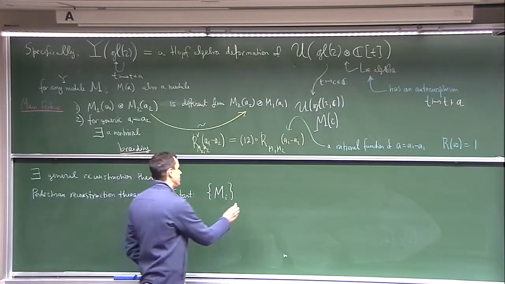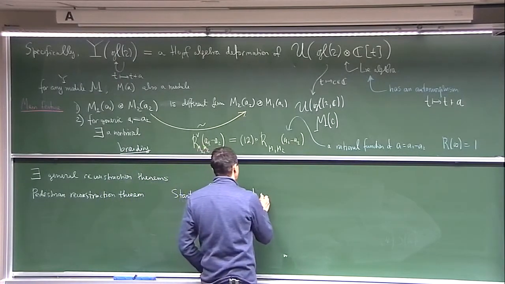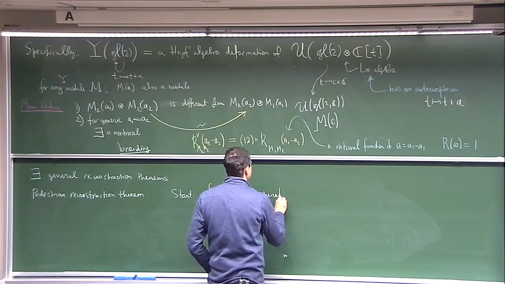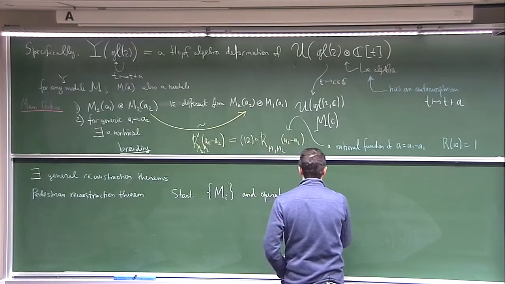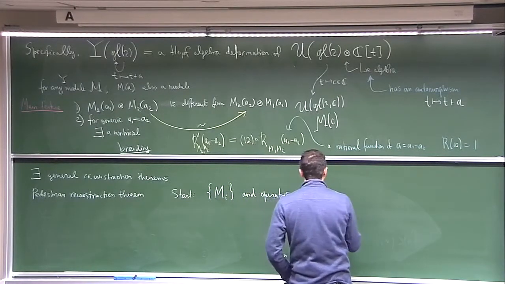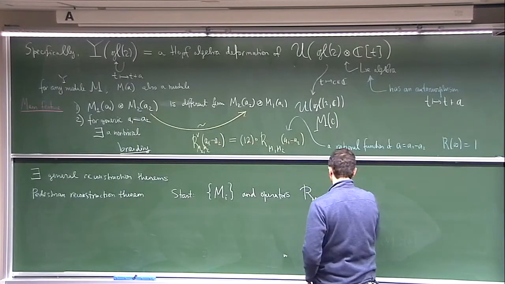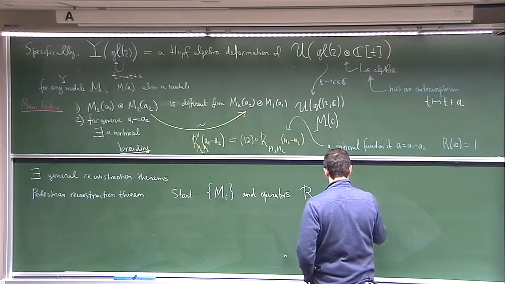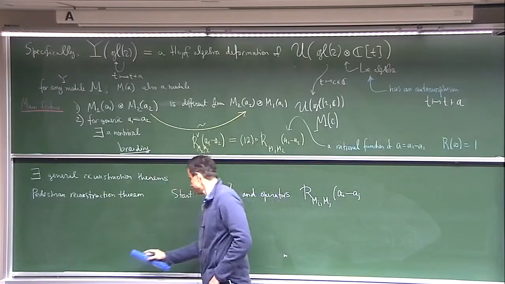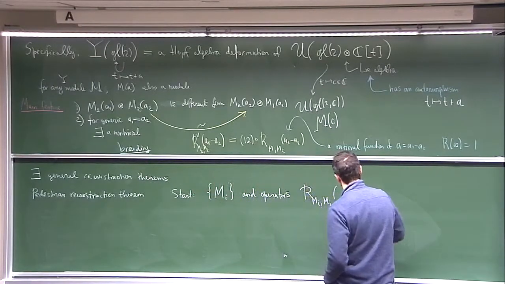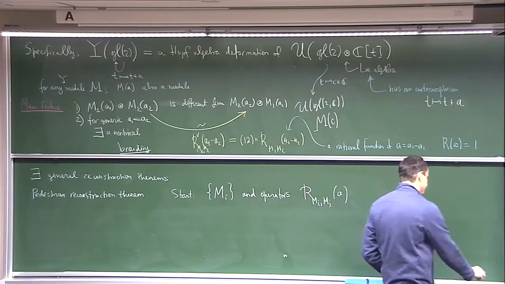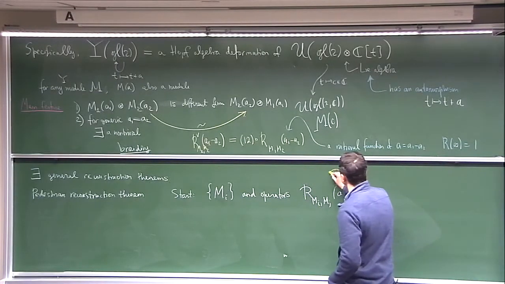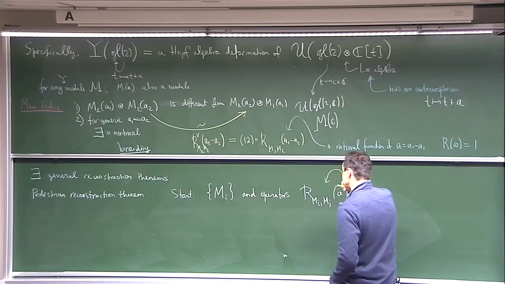And operators M_ij of a_i minus a_j, of some variable a, and this operator is a rational function.